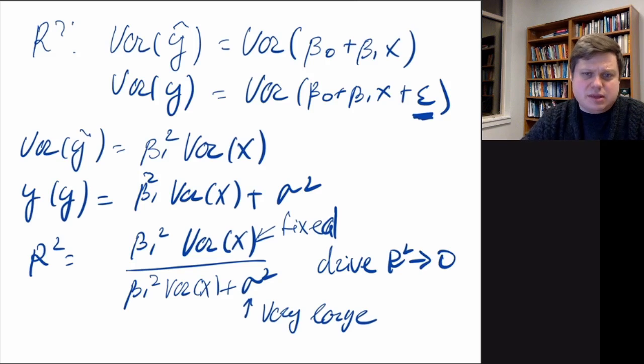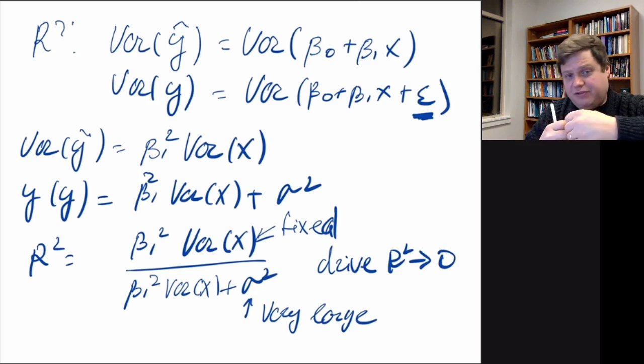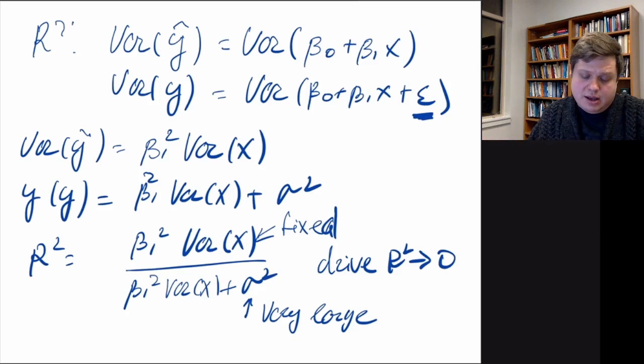But again, it doesn't mean that the model is bad. I can drive sigma squared to be large by simply rescaling the values of y. If I put y in a different scale, then they might be further away from this line. But it doesn't say that it's a bad model, and it doesn't say that the linearity assumption is violated.